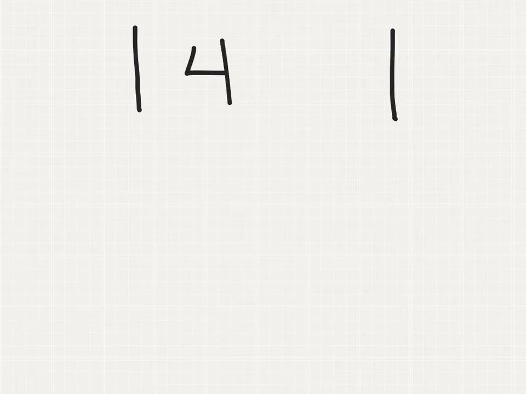I'll demonstrate one more example to show how operations can occur inside absolute values. For example, what is the absolute value of 4 minus 2? Well, we know that 4 minus 2 is 2.